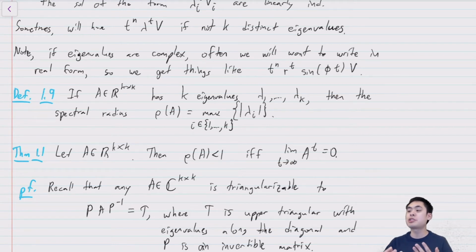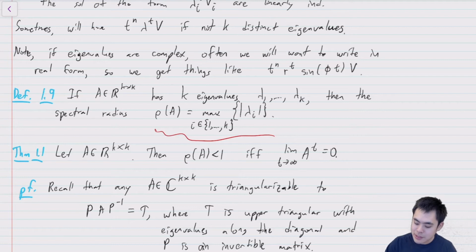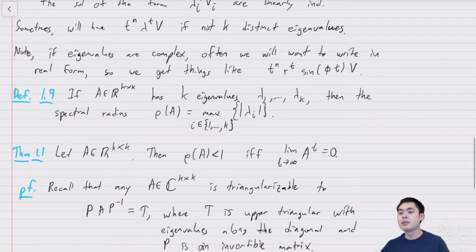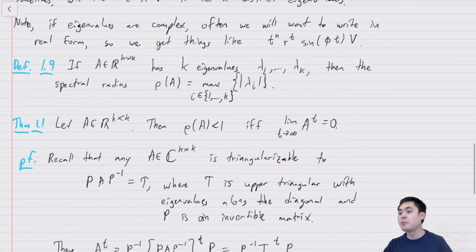We're going to talk about the spectral radius of our matrix A. So if we have k different eigenvalues, then the spectral radius is just the modulus of the biggest one. So that's what this thing is saying here. It's just the modulus of the biggest eigenvalue. And so, of course, you can have multiple biggest eigenvalues. So this corresponds to the dominance of the eigenvalues that we talked about in the previous section.